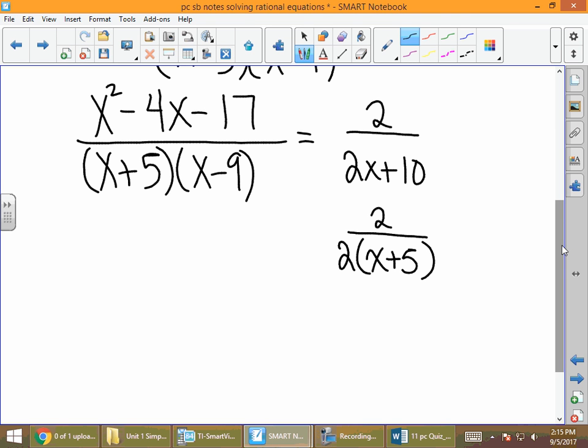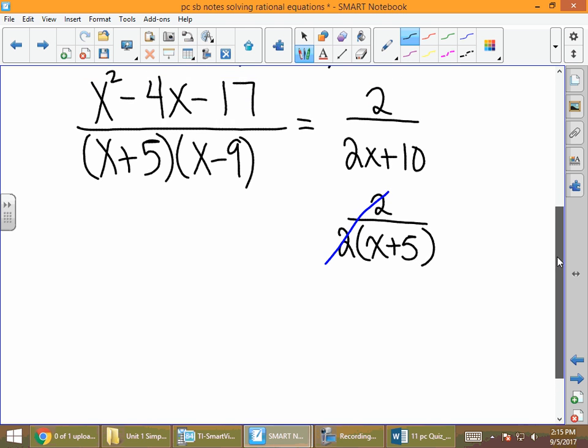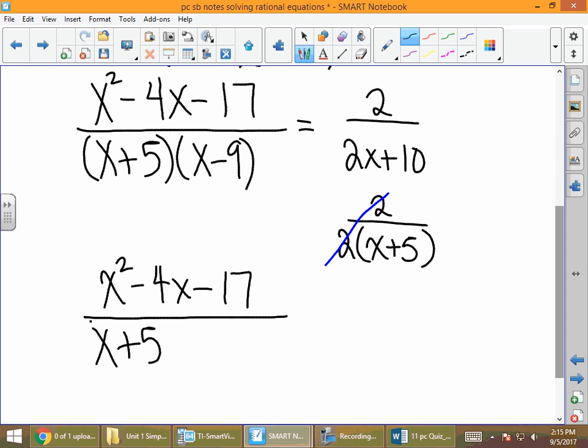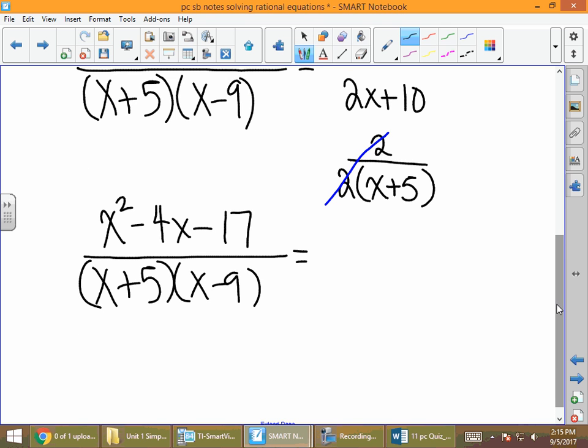And then, do we have anything exactly the same on the top and on the bottom? Yes. So simplifying that a little bit more is helpful. We have x squared minus 4x minus 17 over x plus 5 times x minus 9. And on this side, remember, 2 divided by 2 is 1 over x plus 5.